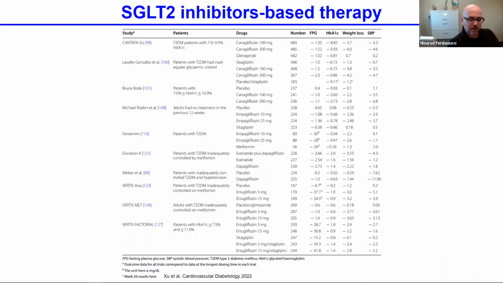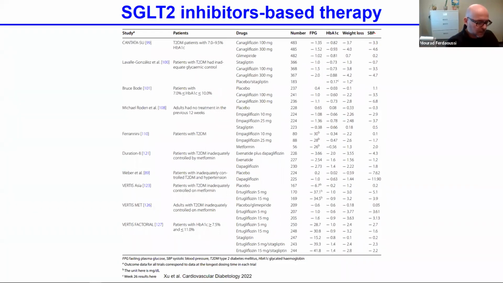And what is observed is that this inhibitor in different clinical trials has a very significant impact in reducing the glycemia, as measured here by the HbA1c. But what was also interesting to observe is that the SGLT2 inhibitors improve the systolic blood pressure.